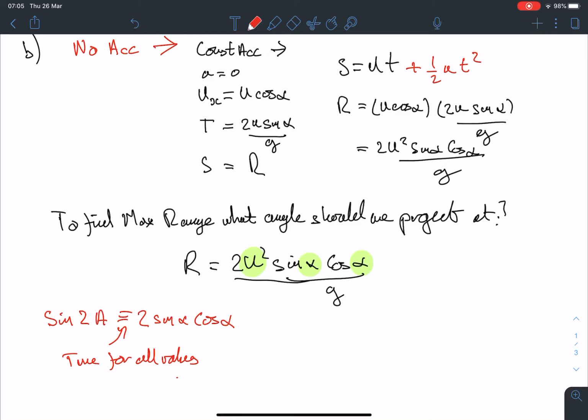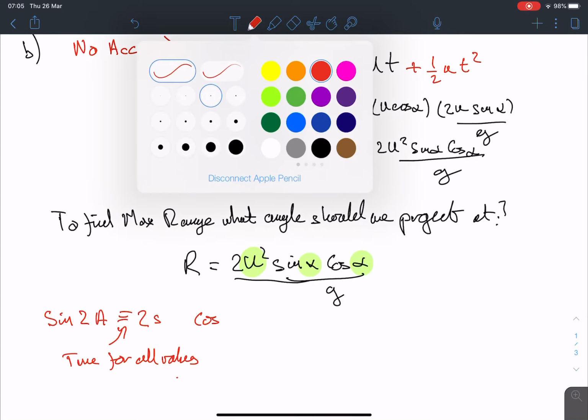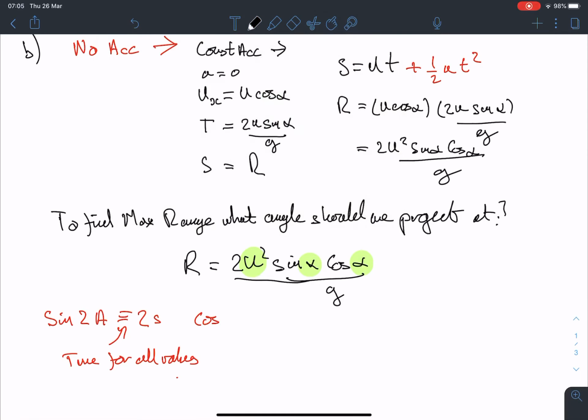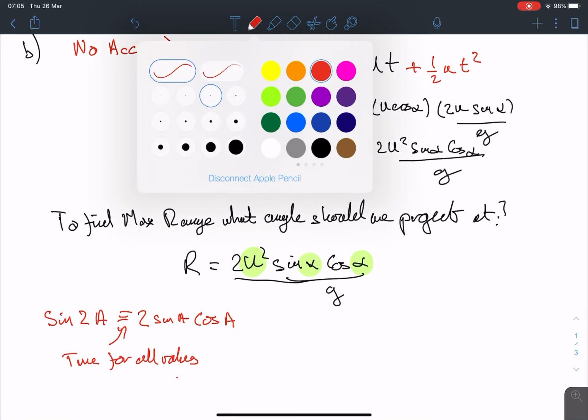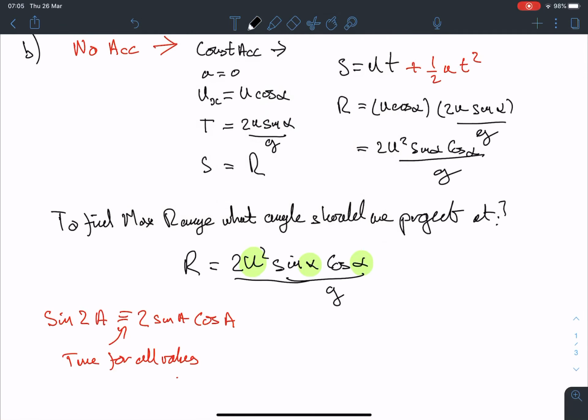And I've just mixed up my notation there a little bit. Those should be A's. So it should say 2 sine A cos A. Sorry about that.